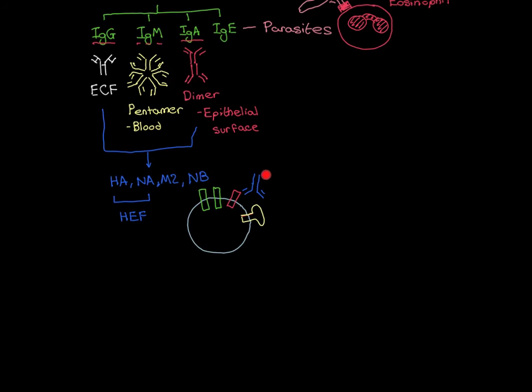Now, this is really important. The fact that some of these antibody molecules directed against hemagglutinin are going to bind onto the surface of the hemagglutinin protein, because that's going to make the hemagglutinin protein utterly useless. Remember what the function of hemagglutinin is. It's to bind to the sialic acid residues on the surface of epithelial cells so that it can enter those cells.